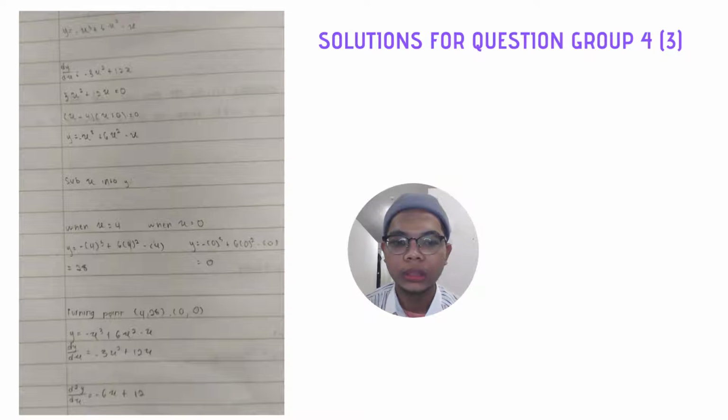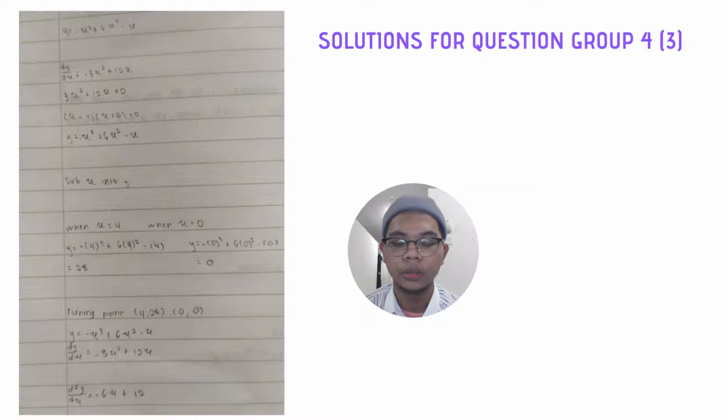The next step: y equals negative x cubed plus 6x squared minus x. We are going to use the formula for this question, dy/dx equals negative 3x squared plus 12x.